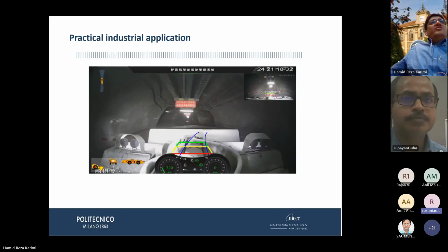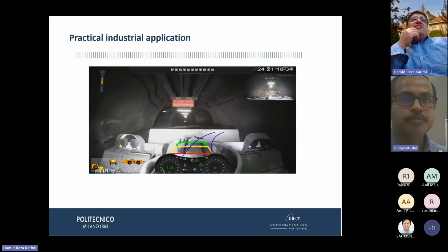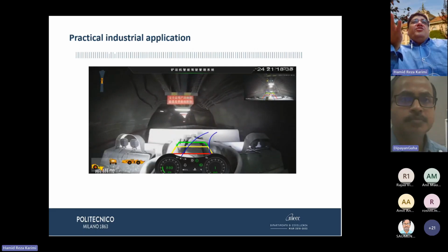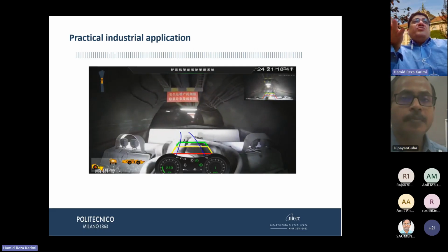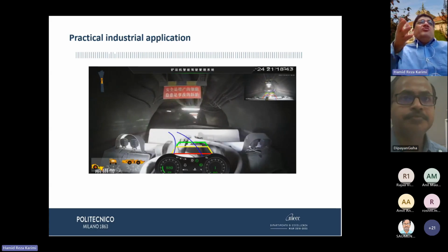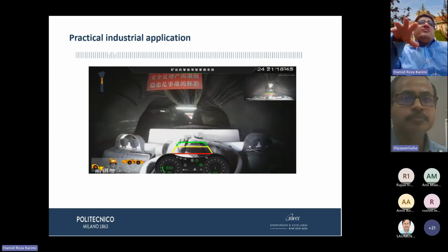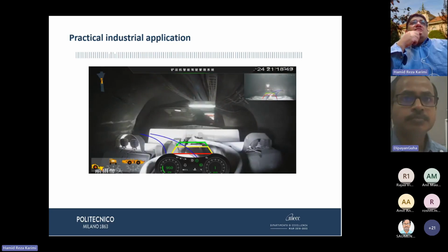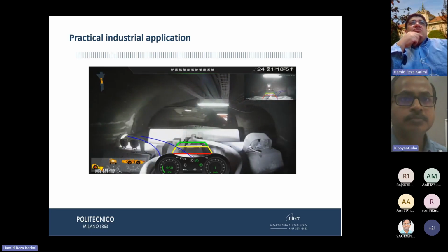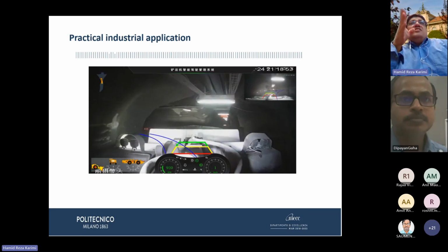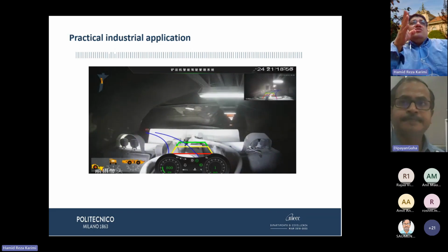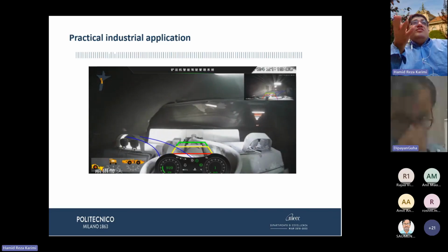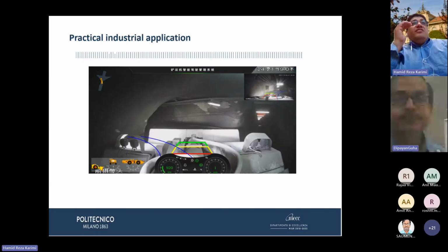Okay, so this project is for underground construction. Maybe in India, in your city, if they want to build a metro line, they have to put the car inside underground. What we did in this project was vision-based, to detect the road and then follow it underground. But you can imagine this is underground, not on the surface.